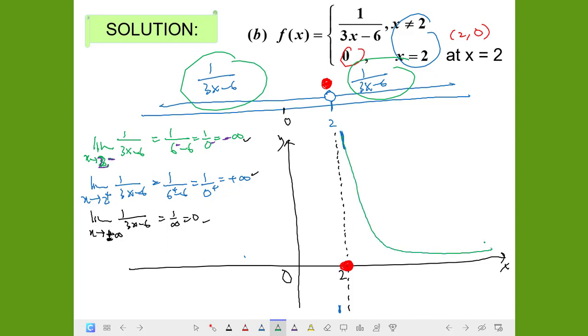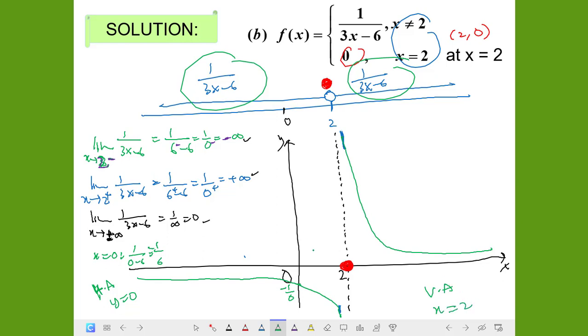When x is equal to 0, substitute: 0 minus 6, 1 over negative 6, so the y intercept is at negative 1 over 6. The graph is this. So x equal to 2 is the vertical asymptote, and y equals 0 is the horizontal asymptote.